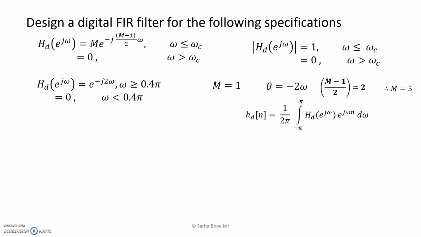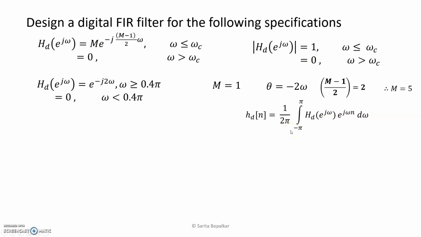In the next step, when we are finding the HD e raised to j omega for the given desired frequency response, we are applying the inverse Fourier transform. When you are finding the inverse Fourier transform, the question is: if you put the magnitude, or if you put the complex form in HD e raised to j omega, what is the solution?